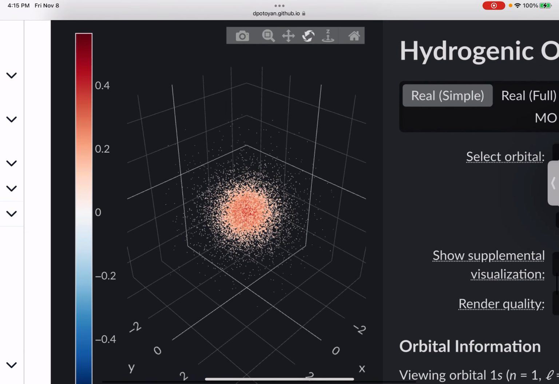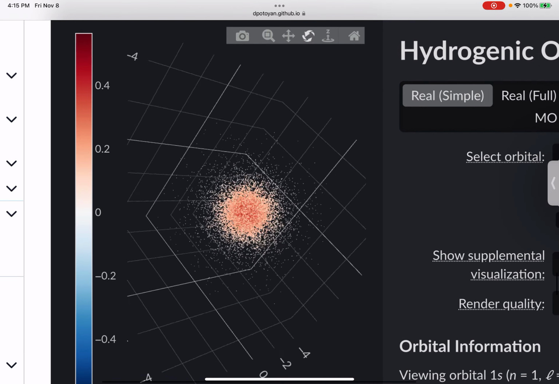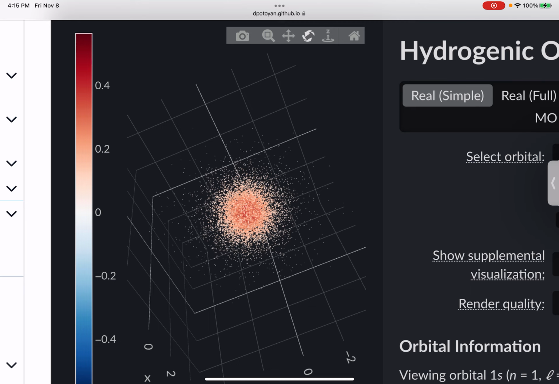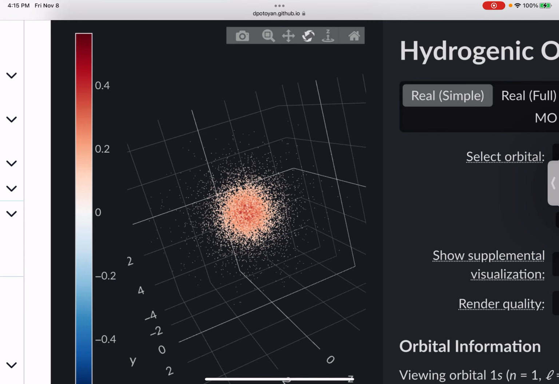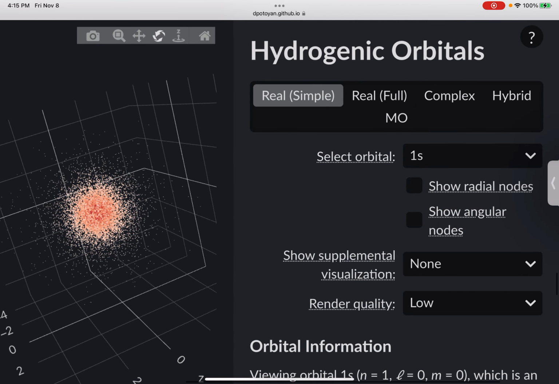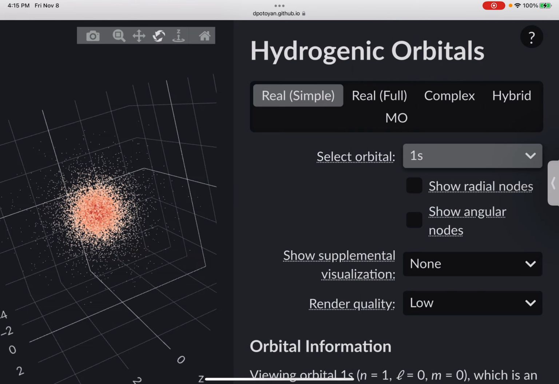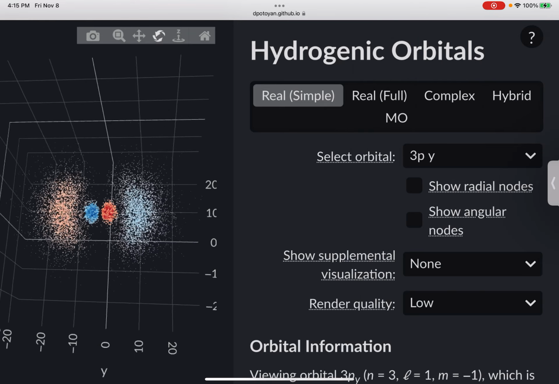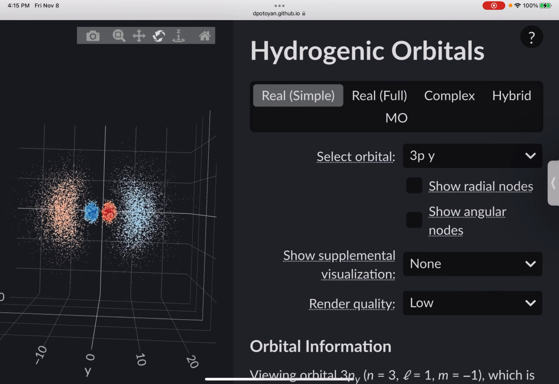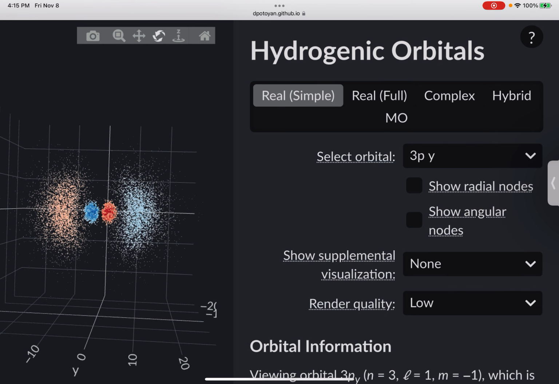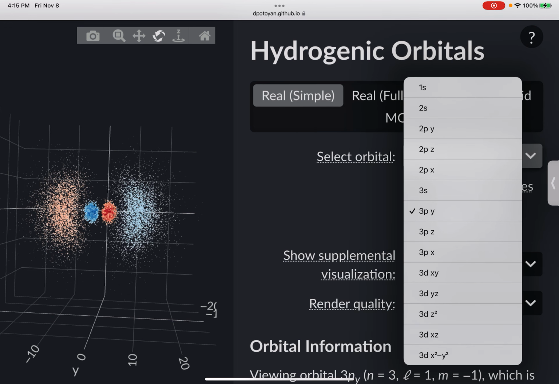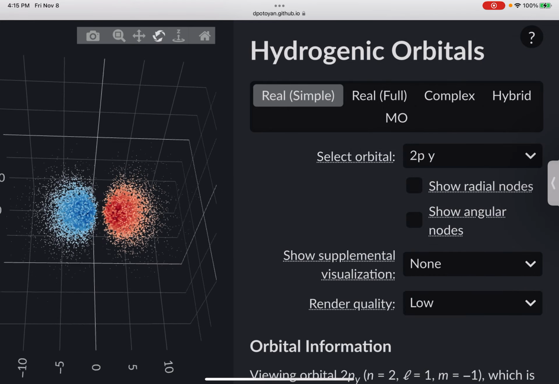All right, so here's some more animated plots of the orbitals that you can visualize. It's showing you the s orbital. You can turn to different orbitals to visualize 3 p y. So you basically see the extra nodal lines. If I go to, let's say, 2 p y, there would be one less.